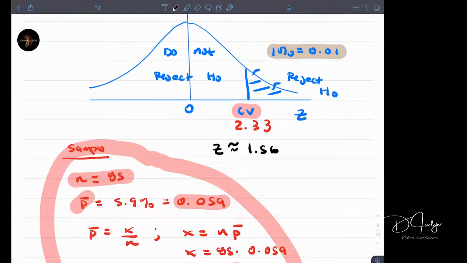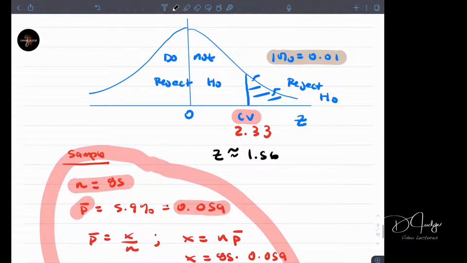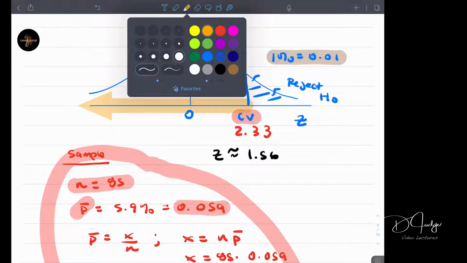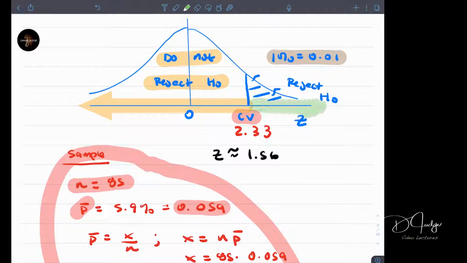Now remember how all of this works. Any test statistic to the left of 2.33, we do not reject the null. Any test statistic to the right of this 2.33, we reject the null. So keep with me with the logic here.